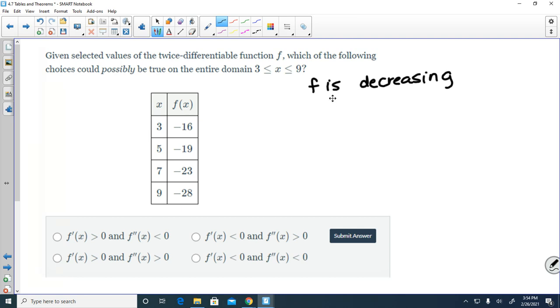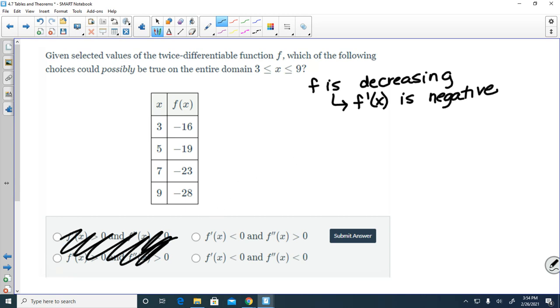Well, if f is decreasing, that tells me that the derivative is going to be negative. So I can know that it's not one of the first two options.